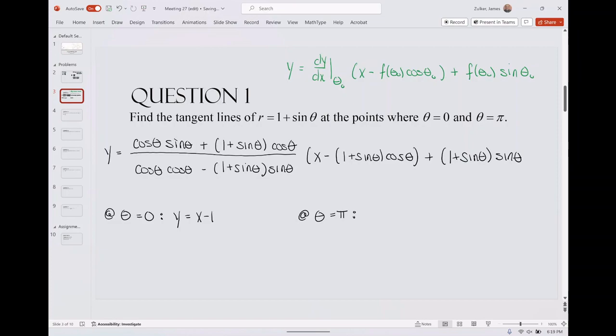At theta equals pi, what is sine of pi? It's 0. So once again, 0. What's cosine of pi? Negative 1. Get negative 1 in the numerator. Negative 1 times negative 1 in the denominator. Slope is negative 1.